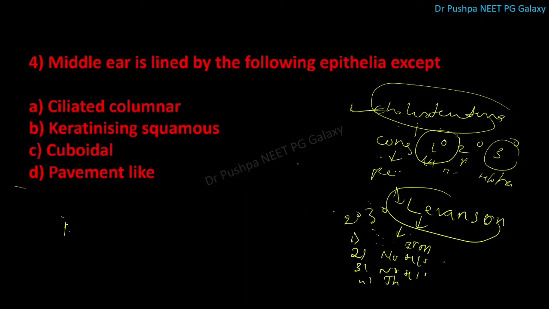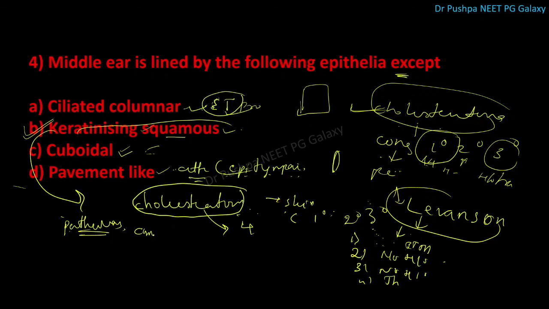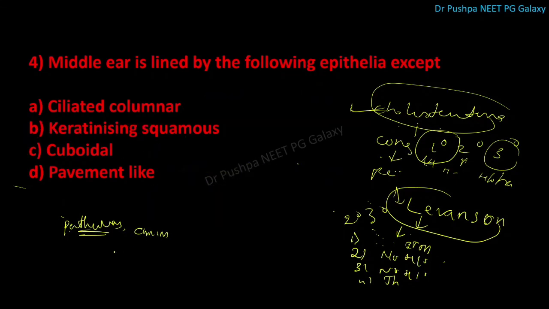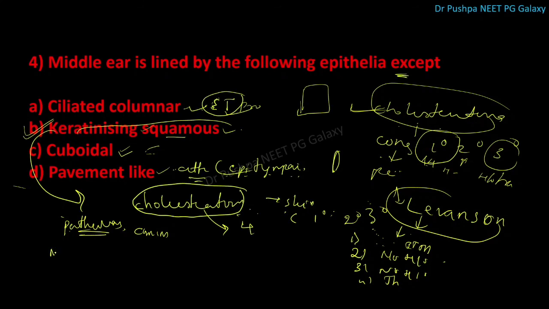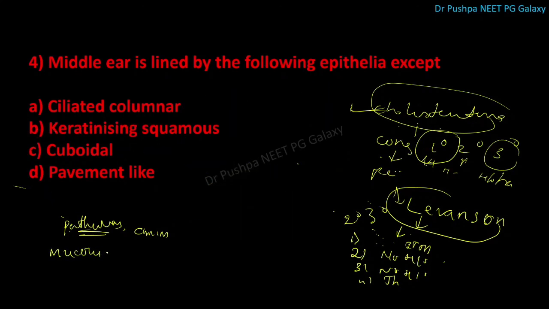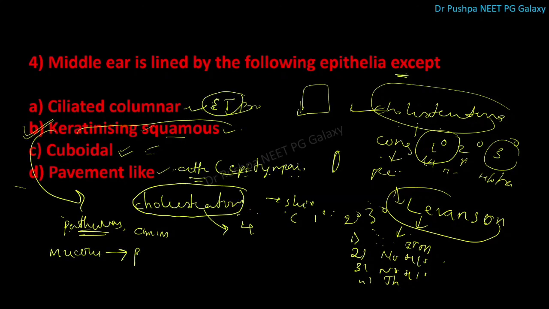So there is one common pathway for complication in middle ear. What is that? There will be first mucus production. If it gets infected, there will be pus production. Then it causes otitis media. Then it causes fistula. This is the most common pathway forming the complications.